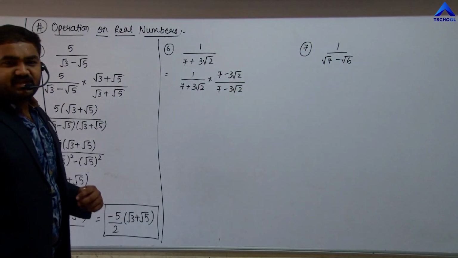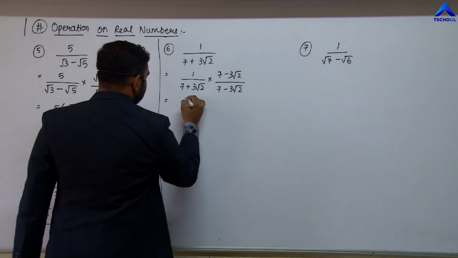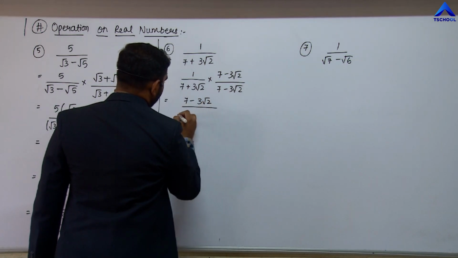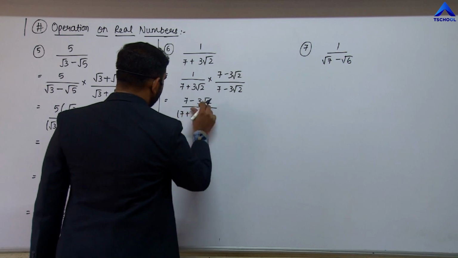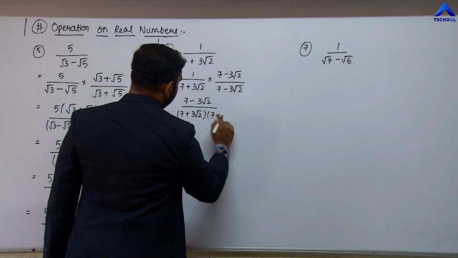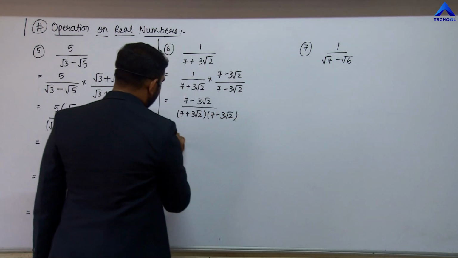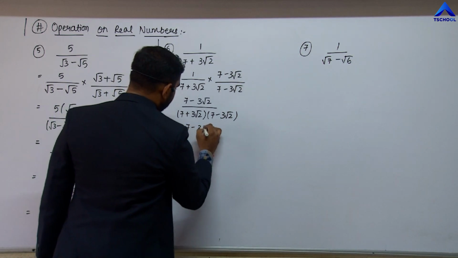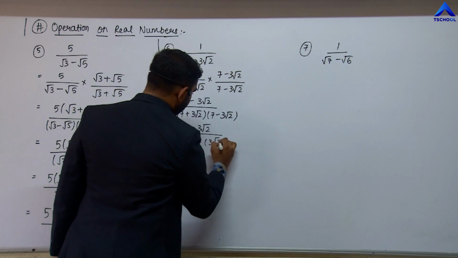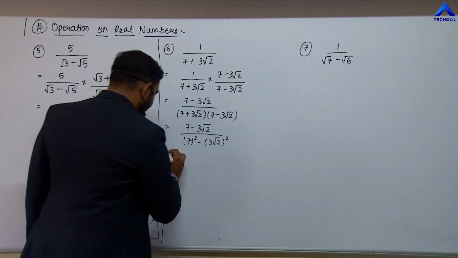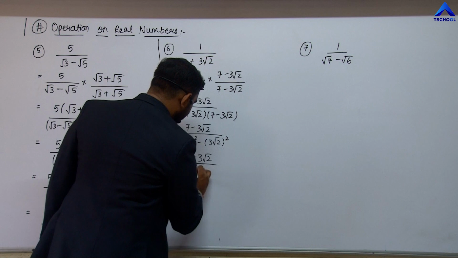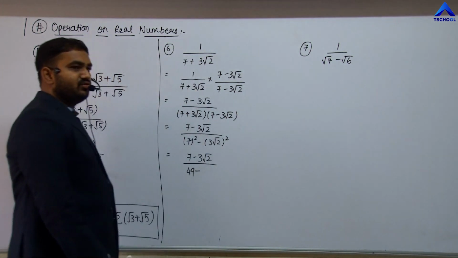We shall simply change the sign of the second term, that is 7 minus 3 root 2 divided by 7 plus 3 root 2 into 7 minus 3 root 2, that is 7 minus 3 root 2 upon 7 square minus 3 root 2 whole square, which is equals to 7 minus 3 root 2 upon 7 square 49 minus 3 root 2 square.